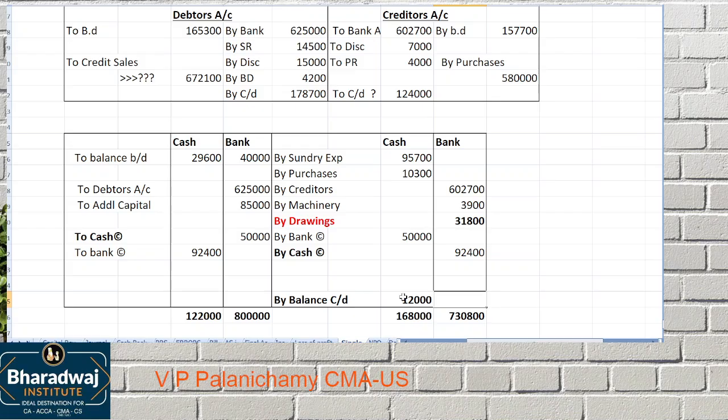If you look at the bank column, it tallies. 8 lakh tallies. Look at the cash column, in credit there is 168, in debit only 122. Balancing figure, we can take it as what? Cash sales. This cash sales, we'll take it as a balancing. What is the balancing? 46,000, we take it as a balancing.